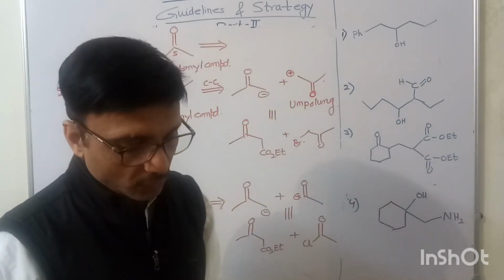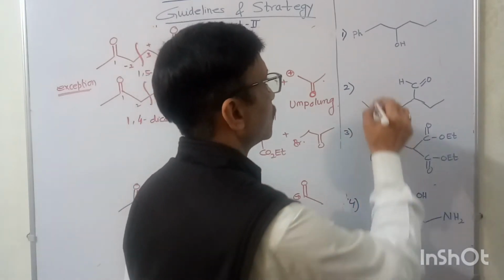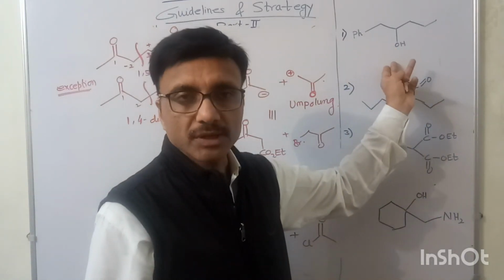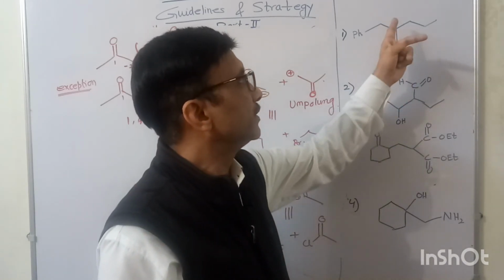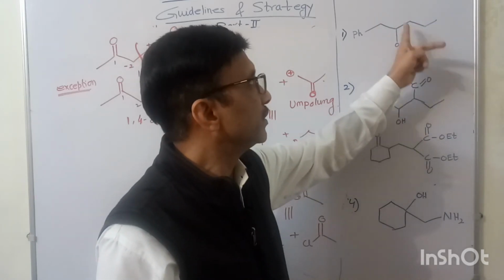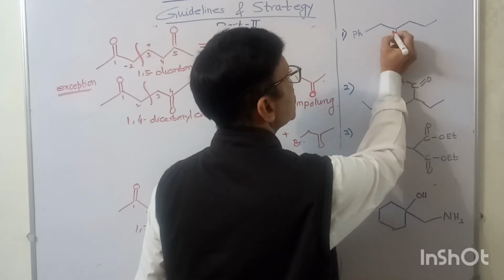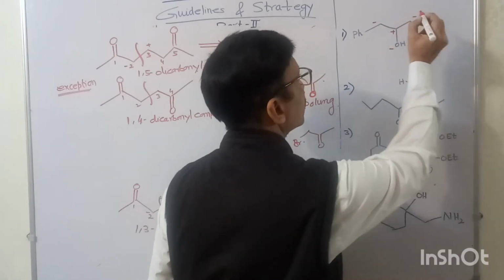If this is the target molecule, then from where should it be disconnected? I have given the example of a compound containing an OH functional group. What I told you was that either we can disconnect it from here or from here. In this case, if you see the polarity, this is minus, this is plus, and this will have a minus charge, this will also have a minus charge.